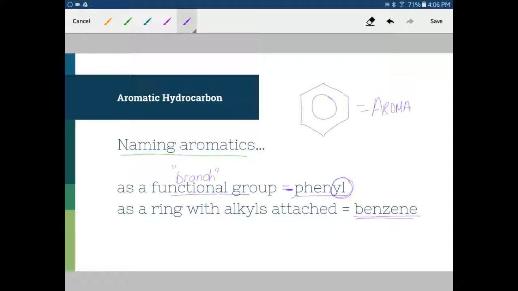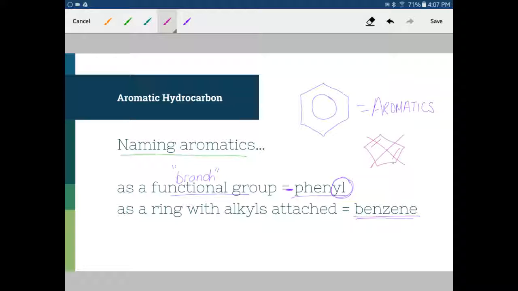One thing I've noticed students can sometimes get mixed up on in our examples is they will see something that looks maybe like this. They see double bonds, they see a five-sided shape, but this is not an aromatic. This is not a good drawing of an aromatic compound.